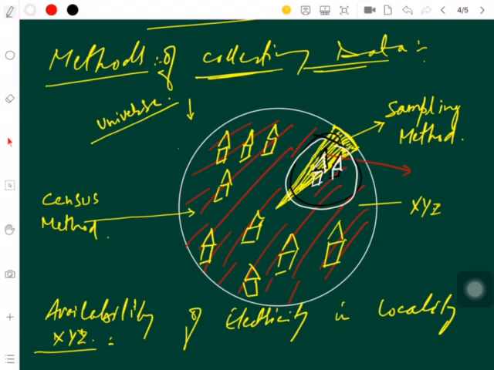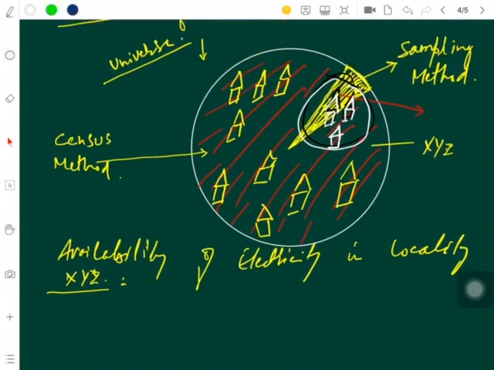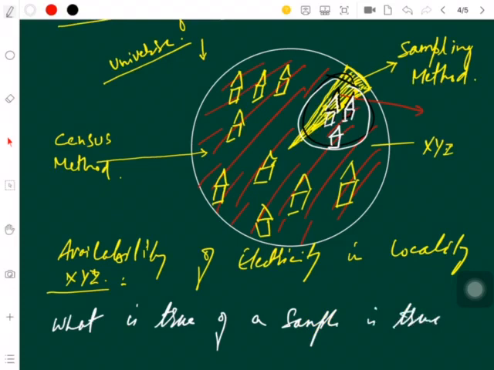That will serve your purpose. What will be true of these households will be true of the whole locality. That is what I mean when I say that what is true of a sample is true of the whole population. Got it?